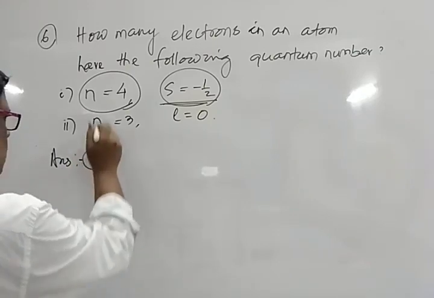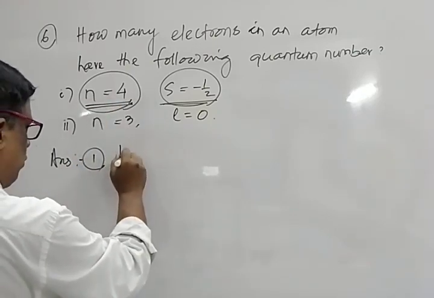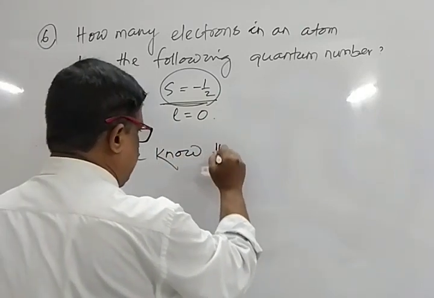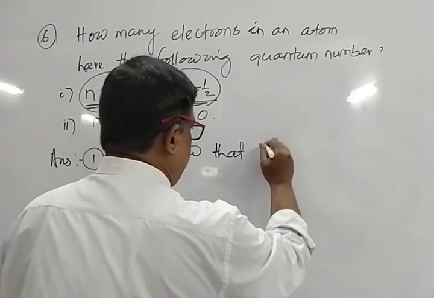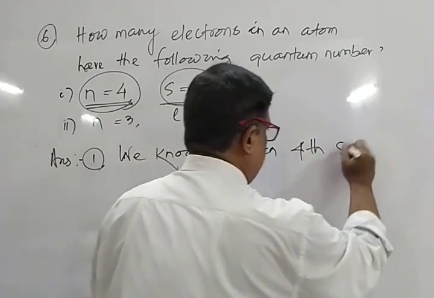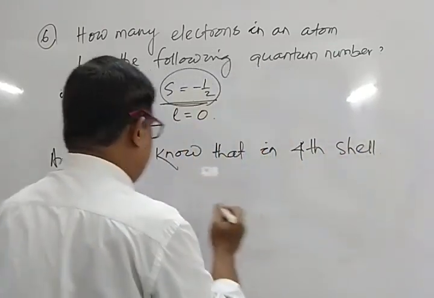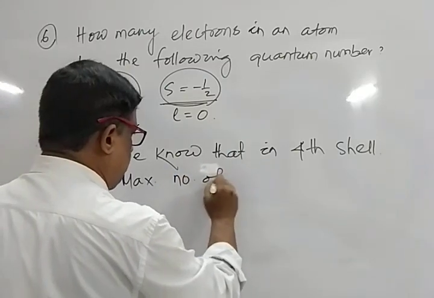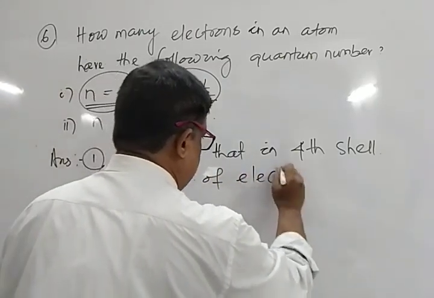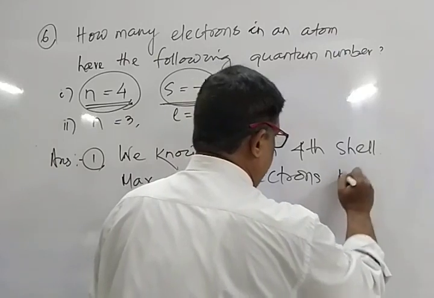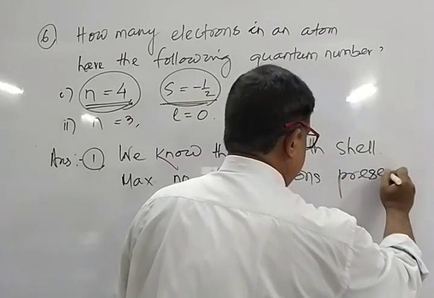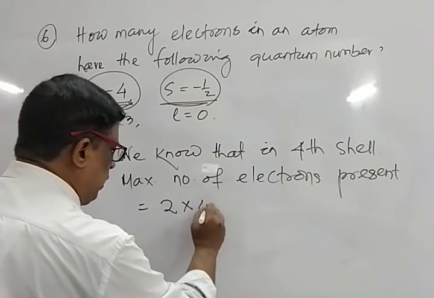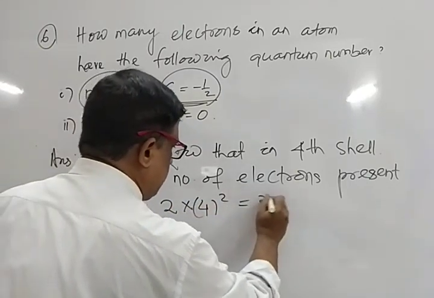Bit 1. Fourth shell, we know that in the fourth shell, the maximum number of electrons that can be present is equal to 2n squared. 2 into 4 squared, that is 32.